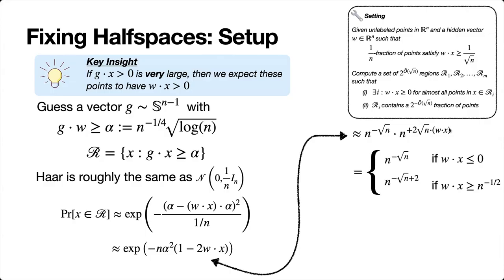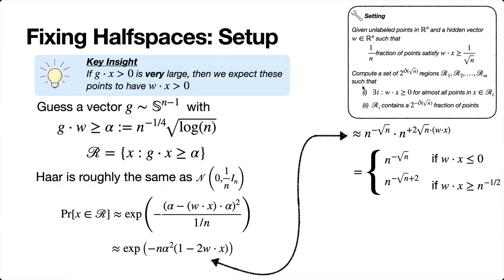It's a nice quantity because if w dot x is negative, then this quantity is going to be at most n to the minus root n. But if w dot x is at least 1 over root n, then this second term is going to contribute at least n squared, right? Because the root n's will cancel, and I'll have an n squared. So in particular, the takeaway here is that points with a large positive margin are n squared times more likely to appear in the region than points that are negatively labeled by the half space.